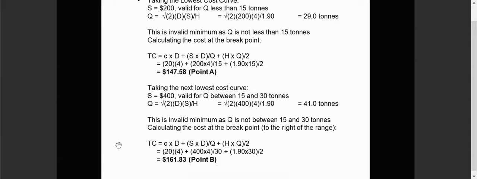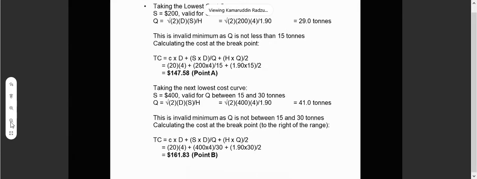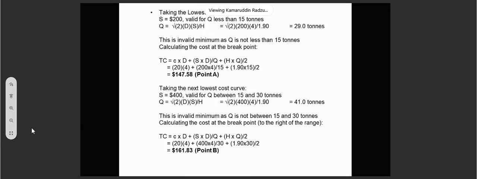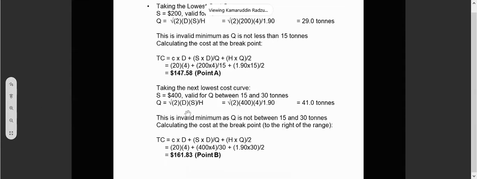So taking the lowest cost curve with the lowest ordering cost of 200 ringgit, the lowest ordering cost of 200 ringgit is only valid for quantity order of less than 15 ton.